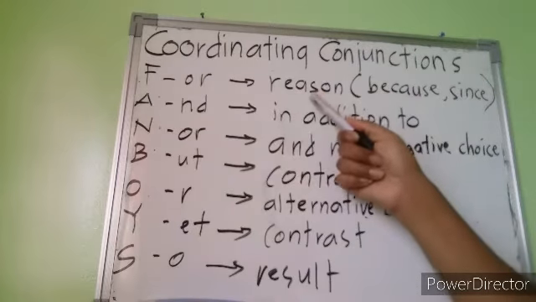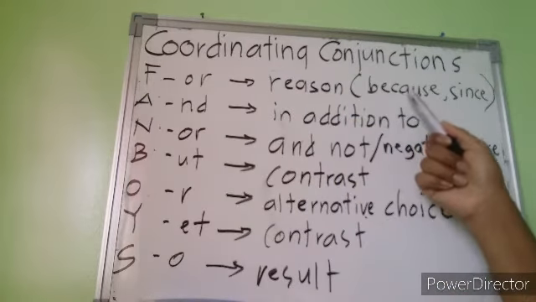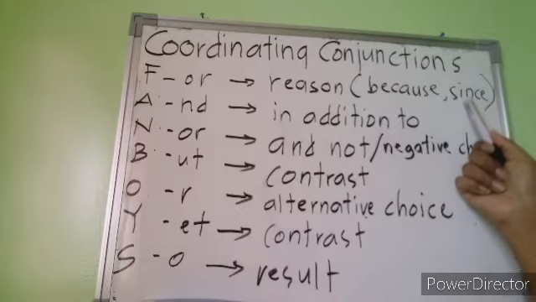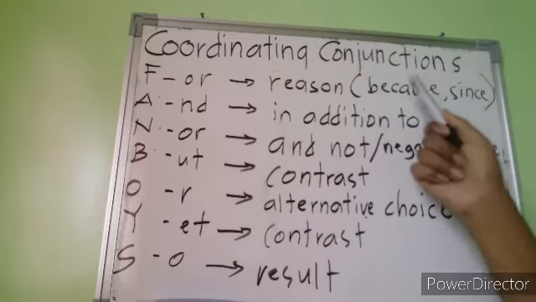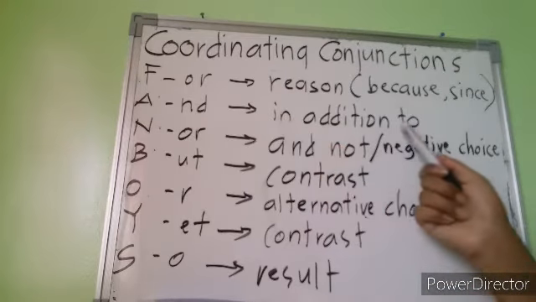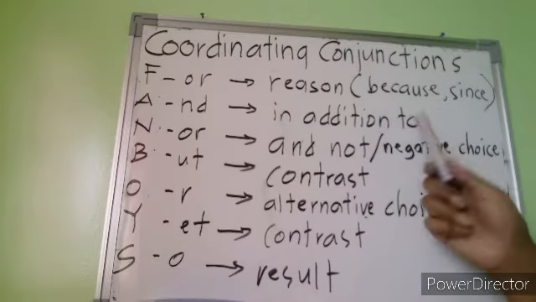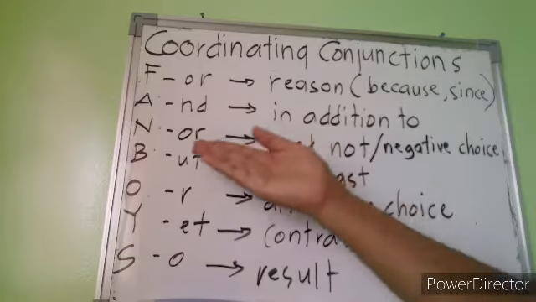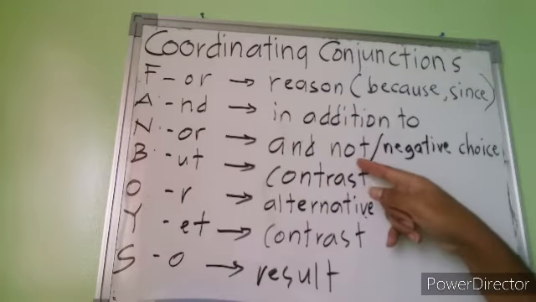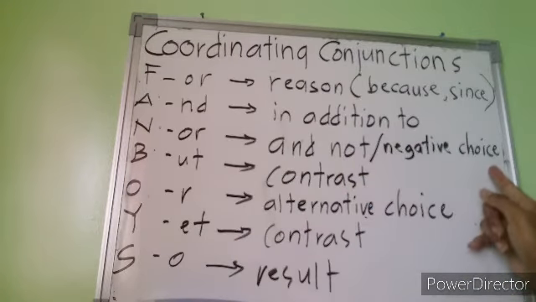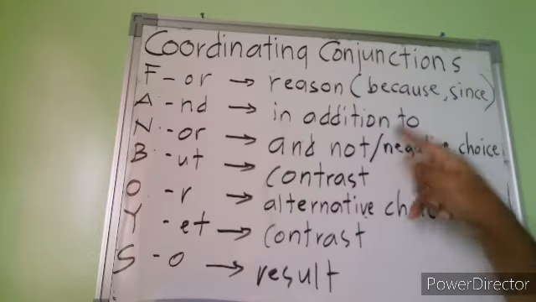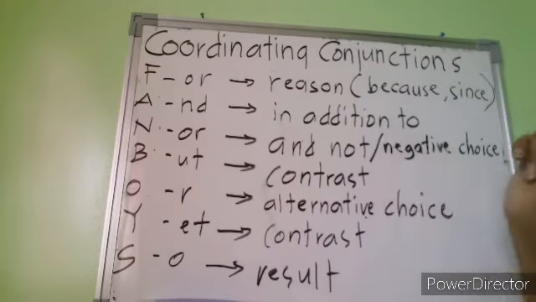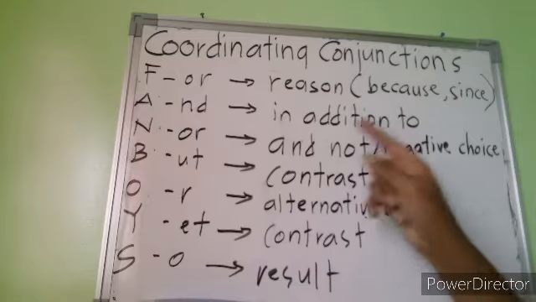For means reason, so it means because or since. And is in addition to, so you are just adding some information. Nor means and not, or negative choice, so it's always used in the negative sentence. Later I will be giving some examples.